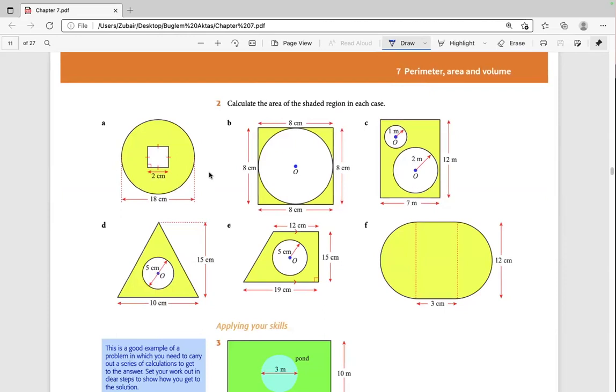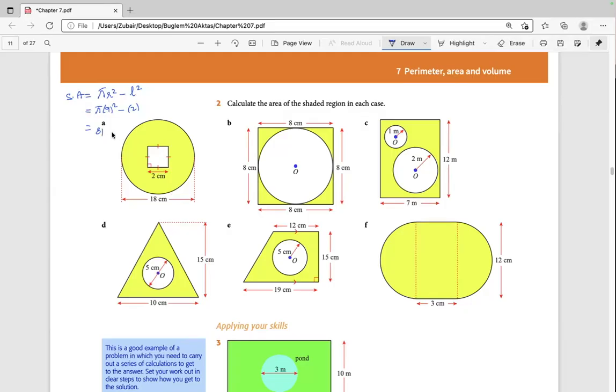Composite shapes. Calculate the area of the shaded region in each case. So when we look at the first one, if I'm just writing the formula, shaded area is equal to pi r squared minus L squared. Radius in this case is 9 and length is 2.